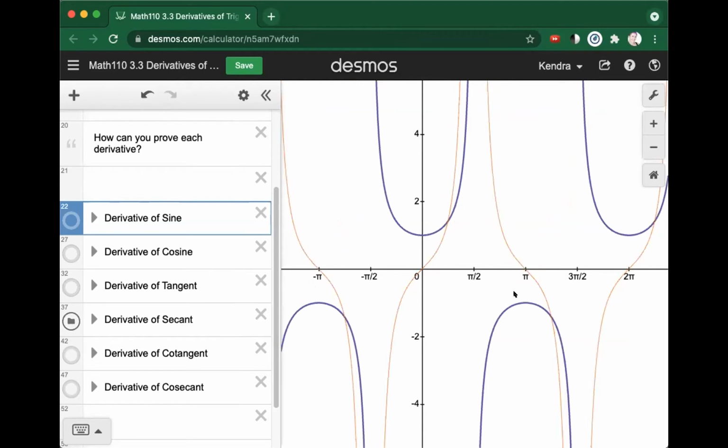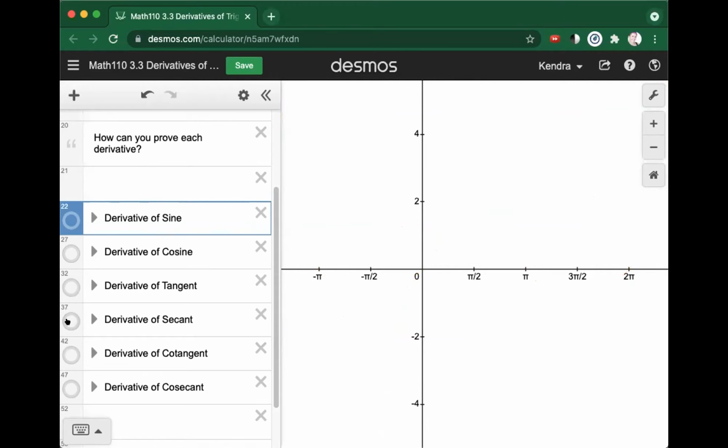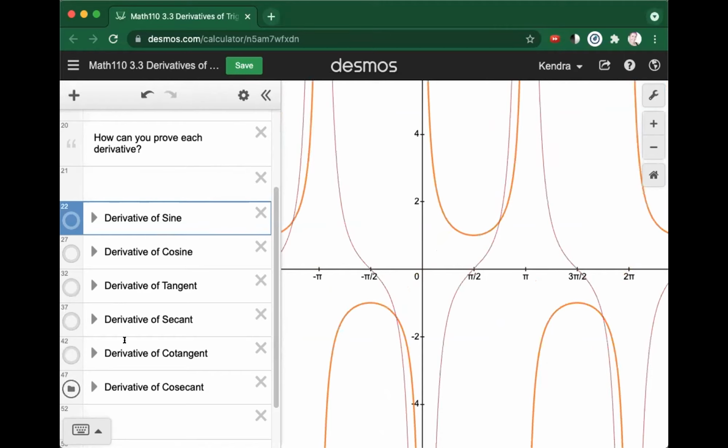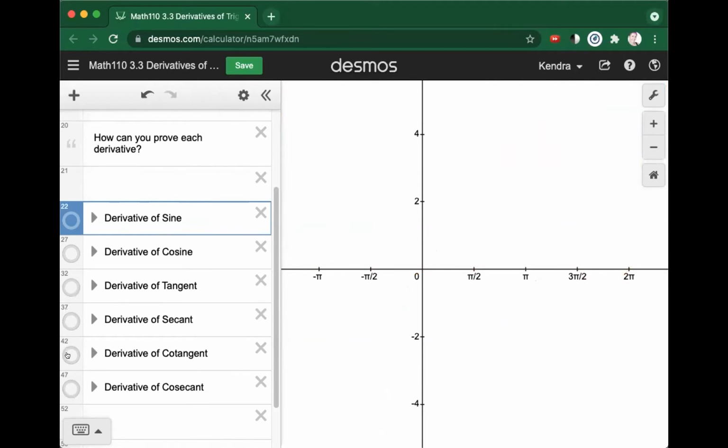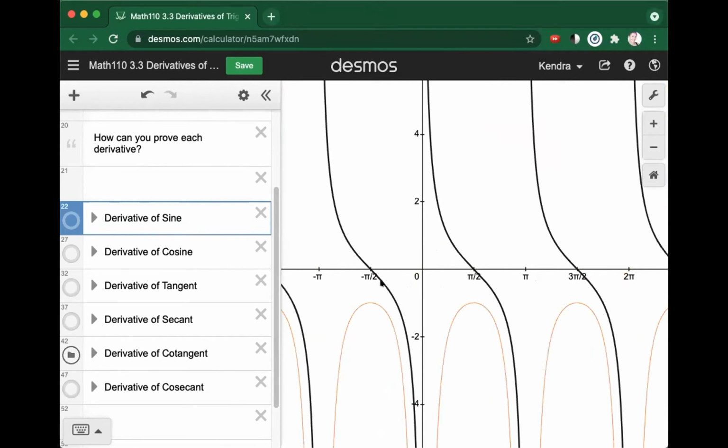Secant is this one in bold, the purple, and the derivative looks kind of like a tangent, but the tangent is always increasing, while this is sometimes increasing and sometimes decreasing. So there's something wild going on with the derivative of secant. And of course, the derivative of cosecant should be similar. And there's the derivative of cotangent. Since the graph of cotangent looks similar to the graph of tangent, we're going to have similar derivative pictures, okay?